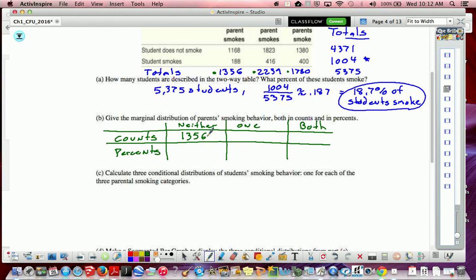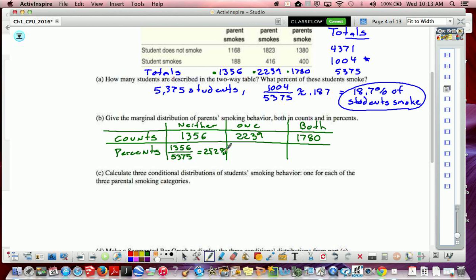1356 and 2239 and 1780. So now to do those as a percent, you'd go 1356 and divide it by the total of 5375, and that would equal, if you trust my math, about 25.2%.